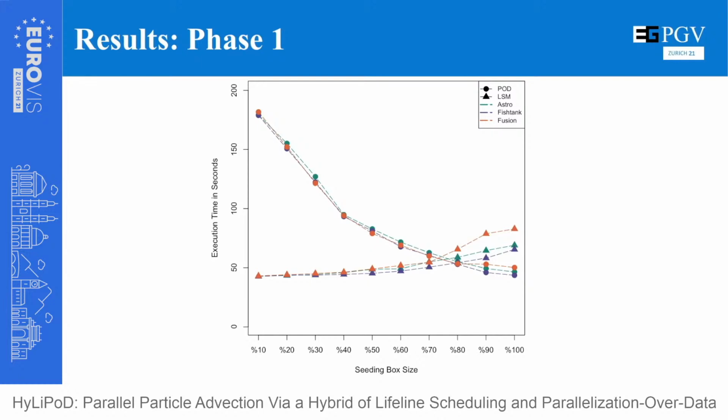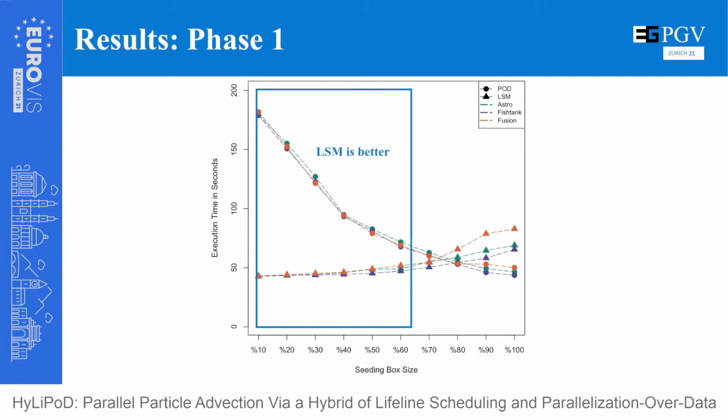The 3 different colors represent different datasets, and the lines with the circles show the performance of POD, while the lines with the triangles show the performance of LSM. From this figure, we can see that LSM performs better for workloads that have seeding box sizes under 70%, while POD performs better for workloads that have seeding box sizes equal to or higher than 70%.